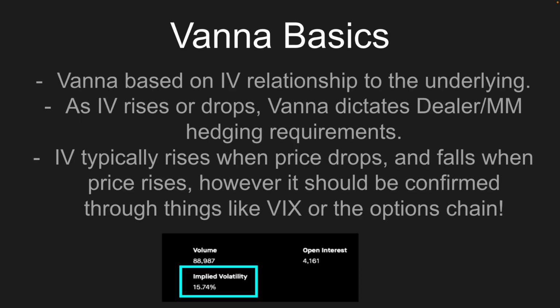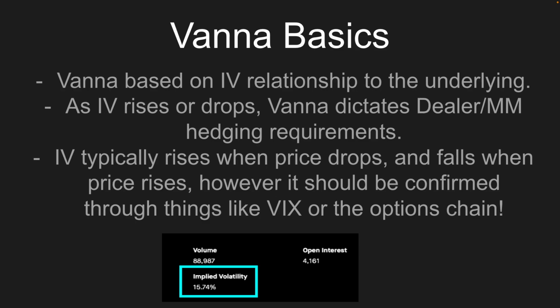To talk about some of the basics, Vanna is based on the relationship of implied volatility to the underlying asset. With IV rising and dropping, Vanna will dictate how market makers, hedge funds, and the dealers providing liquidity to the markets are going to change their hedging requirements if they buy or sell.